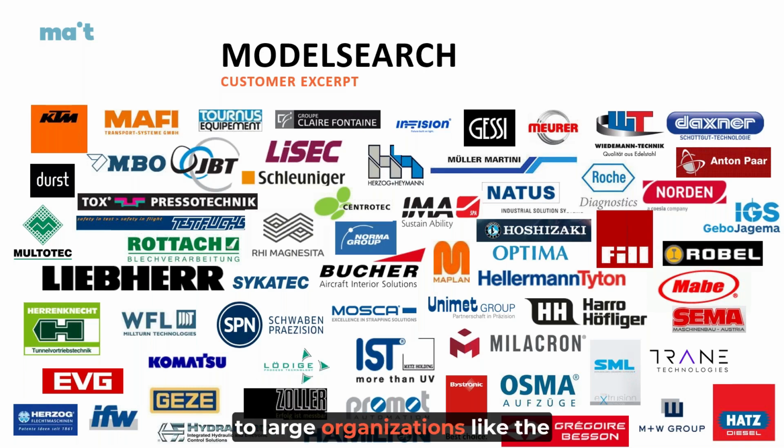to large organizations like the whole Liebherr Group, with headquarters in Germany, or the company Herrenknecht, a German-based company where we have over 300 ModelSearch licenses in use, or for example KTM sport motorcycle with headquarters here in Austria, which also has a company license, so everybody uses ModelSearch.